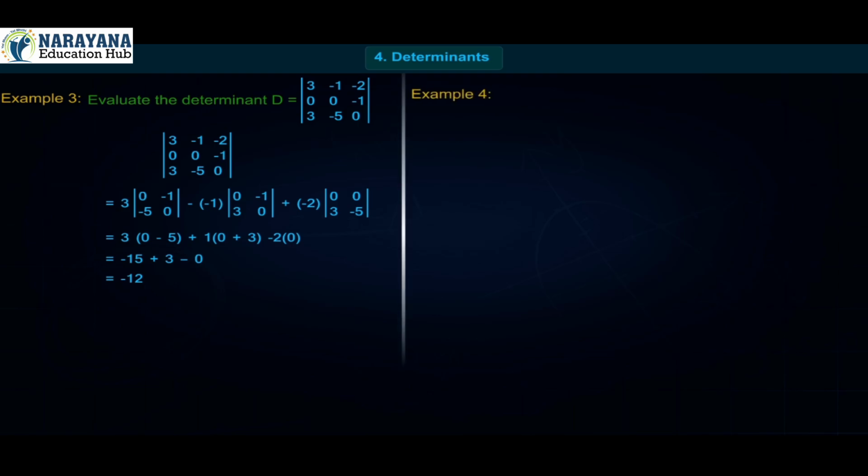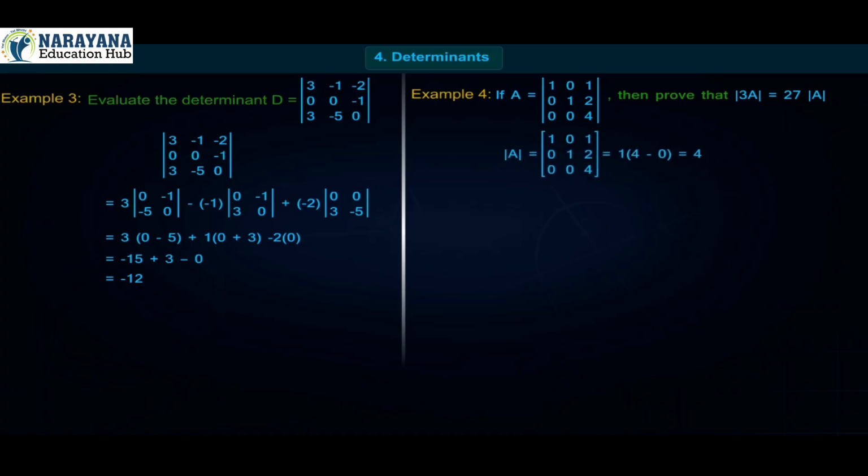minus 12. Example 4. If A is equal to matrix 1, 0, 1, 0, 1, 2, 0, 0, 4, then prove that determinant of 3A is equal to 27 into determinant of A. Solution.